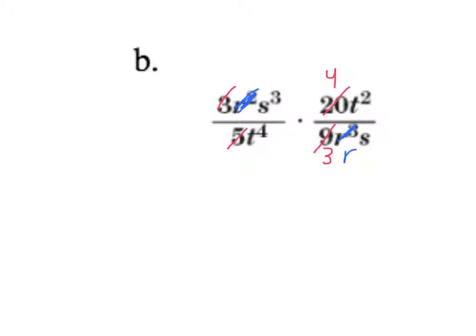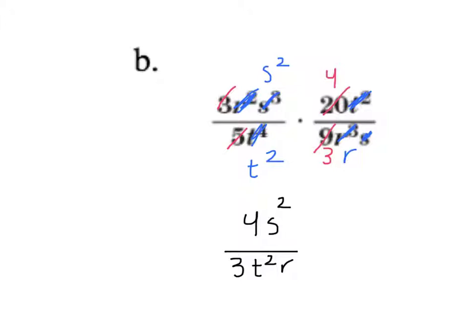My S's will cancel, leaving an S squared, and my T's will cancel, so I'll have T squared on the bottom. When I multiply these across, I'm going to have 4S squared over 3 T squared R. Doesn't matter which order you put the T and the R. If you want to do it in alphabetical order, 3RT squared, that's fine as well.